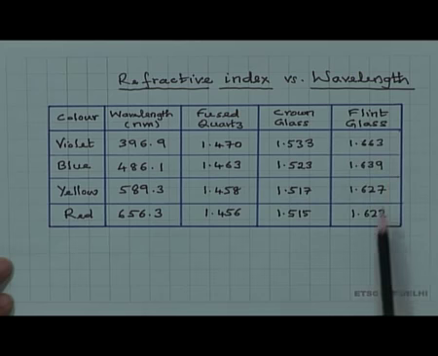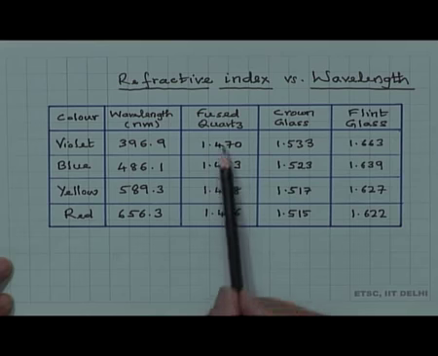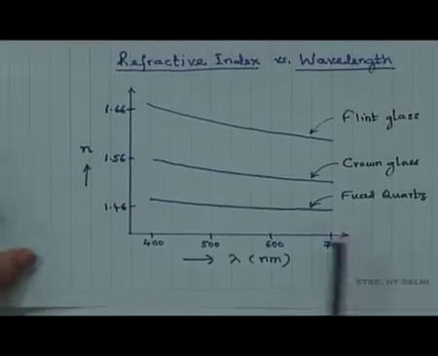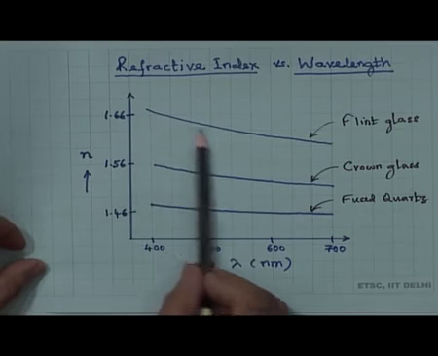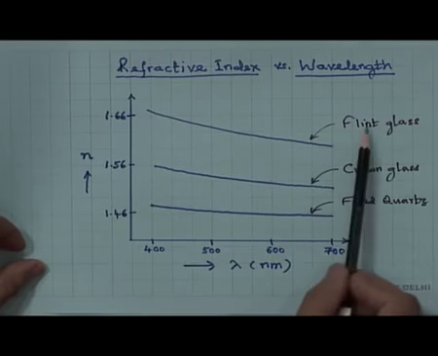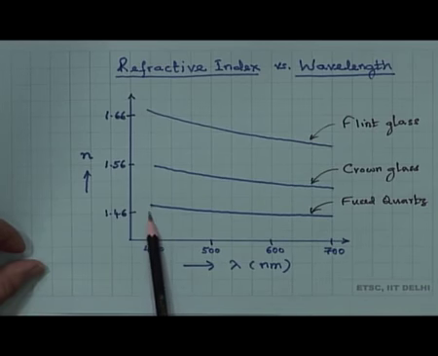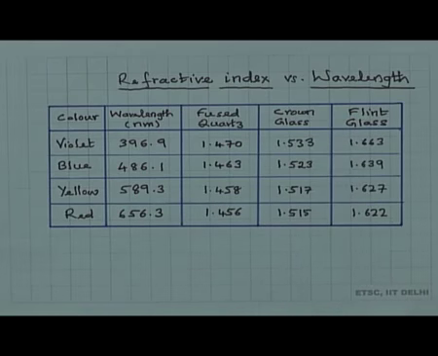That is, 63 to 22 is 41, whereas in this case 70 to 56 it is 14. If I keep back the diagram, the refractive index change is large as I go from here to here for flint glass, but for fused quartz the change is very little. That is what the numbers also tell us.